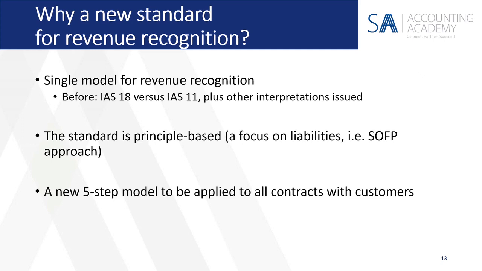A new 5-step model has been developed for application to all contracts with customers. And I'm quite excited about that because when you present face-to-face CPD sessions and you take practitioners through the examples that you want to discuss with them, you can see in terms of the old approach, IAS 18, how people want to jump to certain steps.